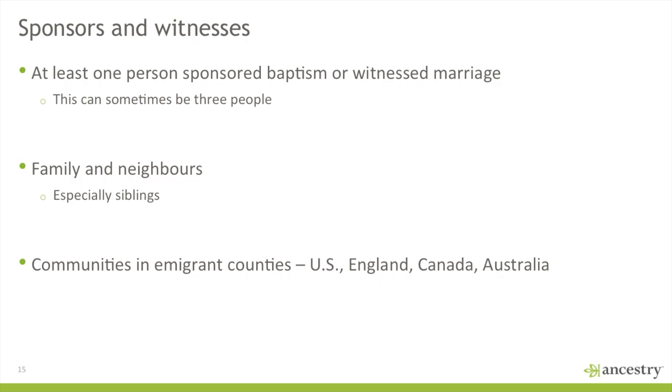What's very interesting is that the cluster of surnames in Irish areas that you find in New York State or California or New South Wales, you can see those same family names repeated in the parish registers. So the Murphys are standing for the Kellys as baptismal sponsors, and the Ryans are acting as marriage witnesses for the Brennan's daughter's marriage. We see these names replicated in emigrant countries as well. So don't forget the baptismal sponsors and the marriage witnesses.